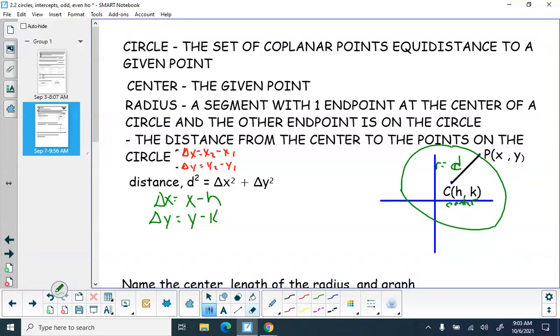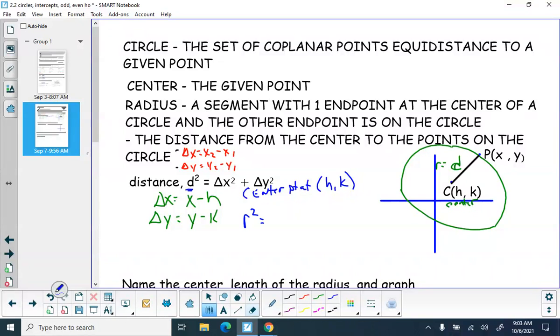So making some substitutions here, with the center point of the circle at h, k, this distance turns into our radius.